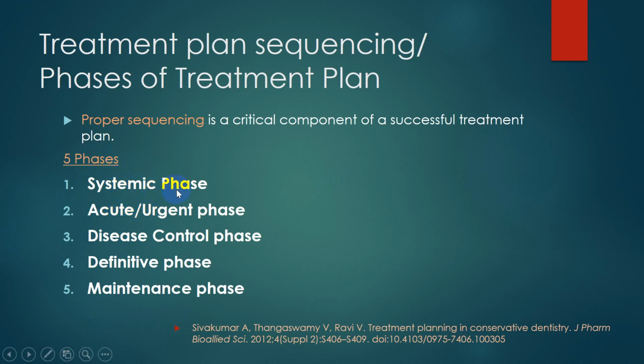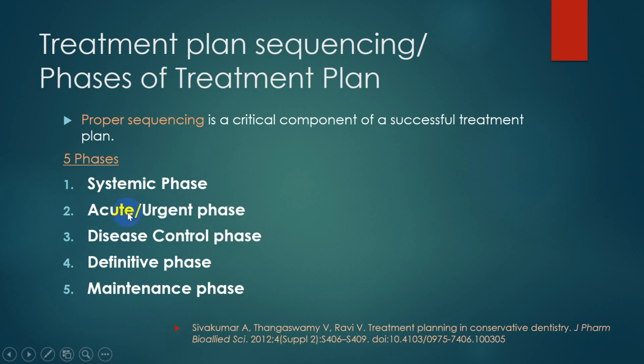Systemic phase. Systemic meaning we are talking about the body systems, about the health of the patient. And we put it number 1 because sometimes you need medical consultation before you start any dental treatment. So number 1 is systemic phase. Number 2 is the urgent or the acute phase.